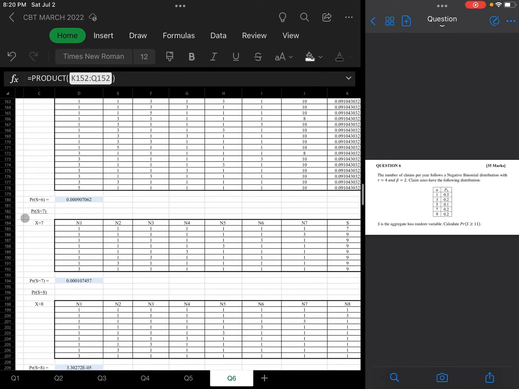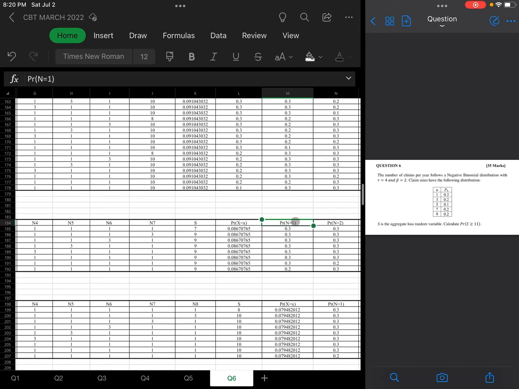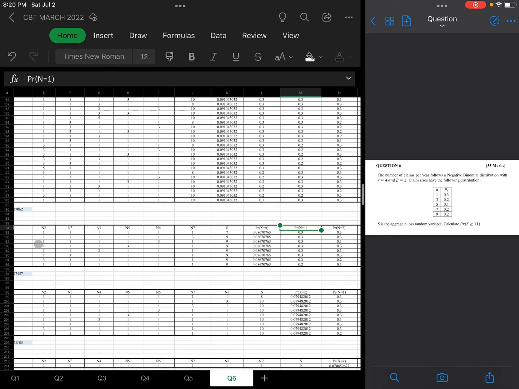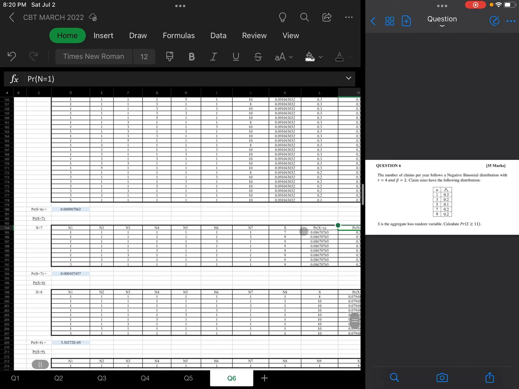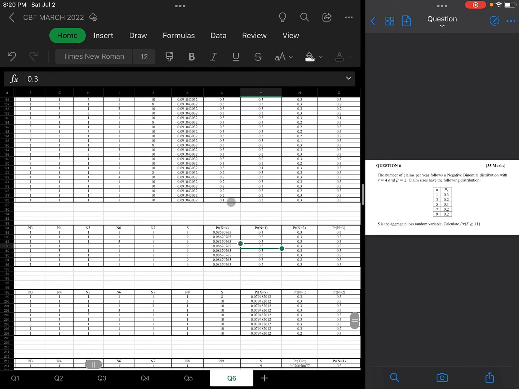So we will next see probability of S equals 7. The value of X here will be 7 and n can be n1, n2, n3, n4 until n7. Similarly, we compute the values for the numbers we substitute here by using the same concept we did earlier.